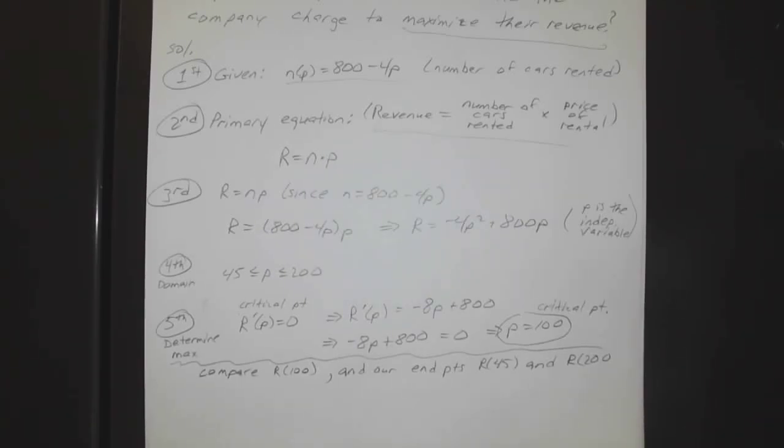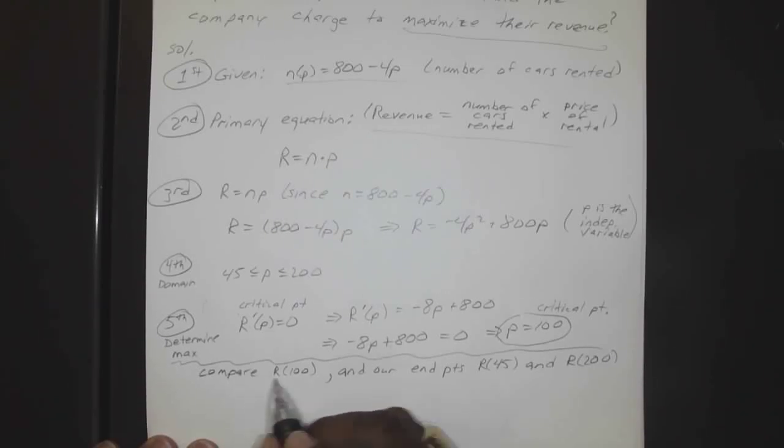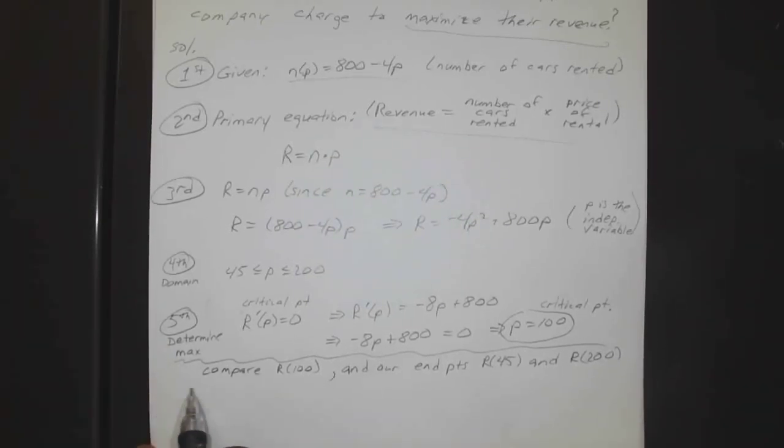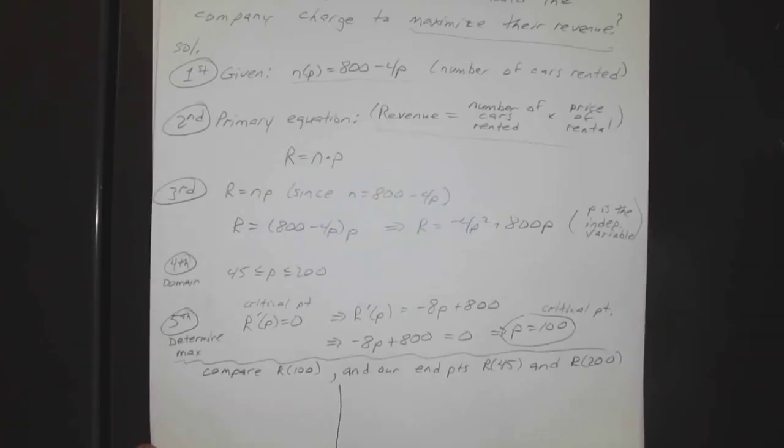Because if they can make more money charging $200 to rent a car, they'll do it. Or if they can make more money charging $45, they'll do that. Or if they can make more money charging $100, they just want to see which one. So this is our critical point. So we kind of separate those.